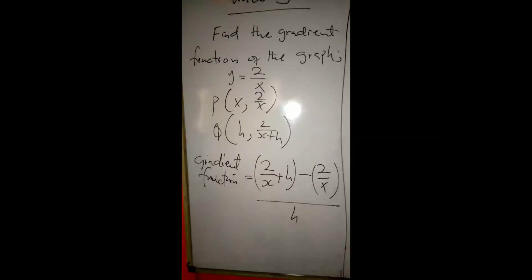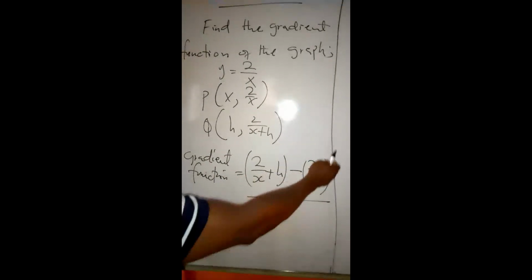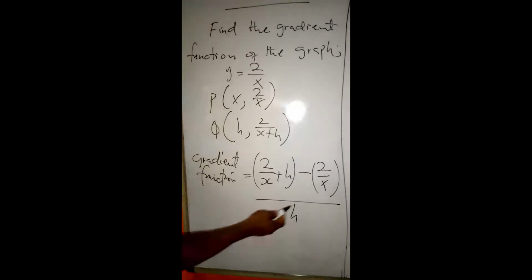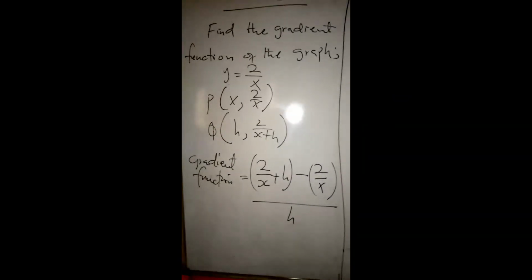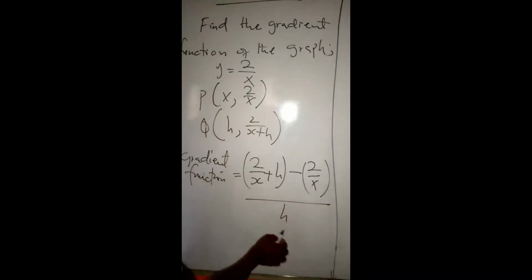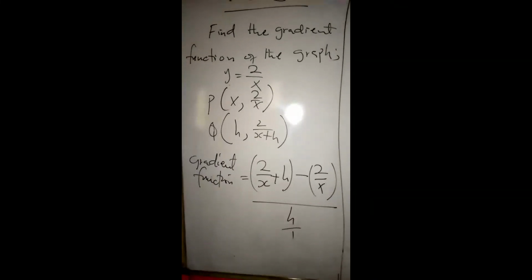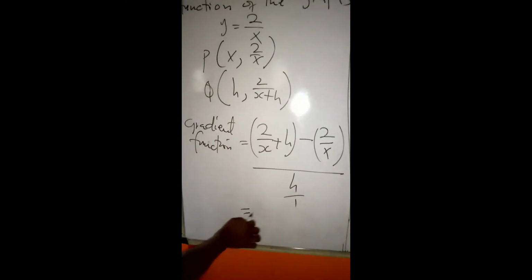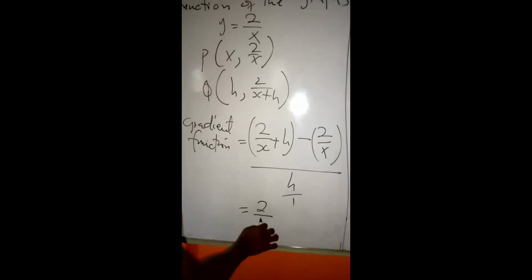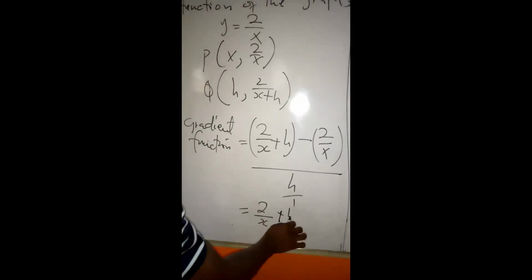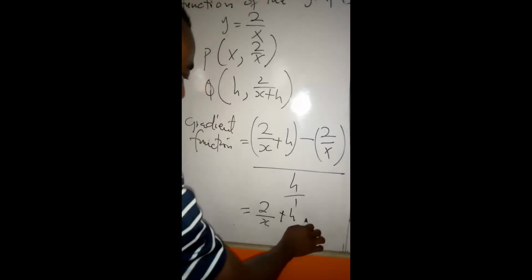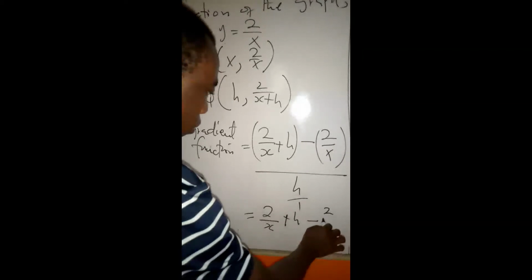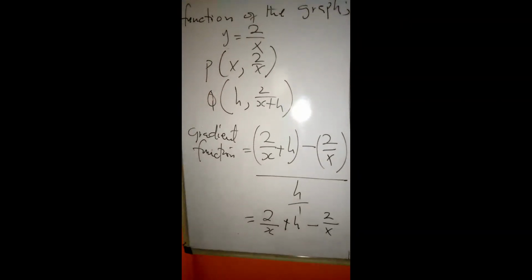So what you do is to treat the upper fraction before you talk about the lower fraction, which is h over 1. So let's deal with the upper one. Now we have 2 all over x plus h minus 2 all over x.